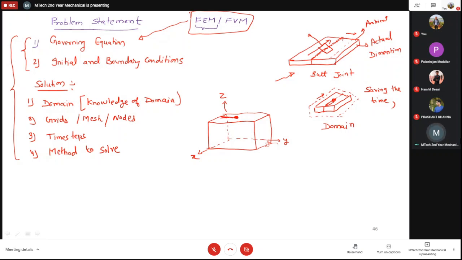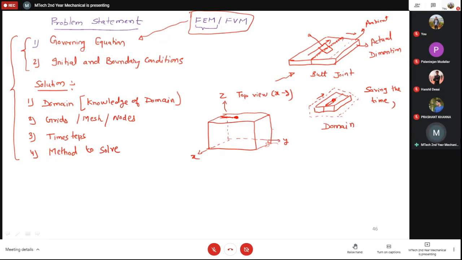Okay, so we can have the different type of planes here. Let's say the top view here, which is the xy plane, x and y plane. We will get different information from the top view.